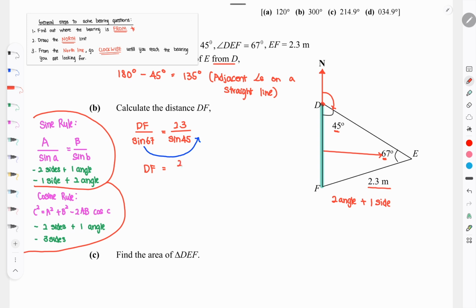So what I will get is 2.3 multiplied by sine 67 over sine 45. And this will give me a length of 2.99 meters.